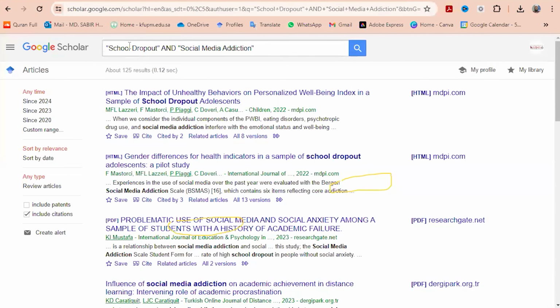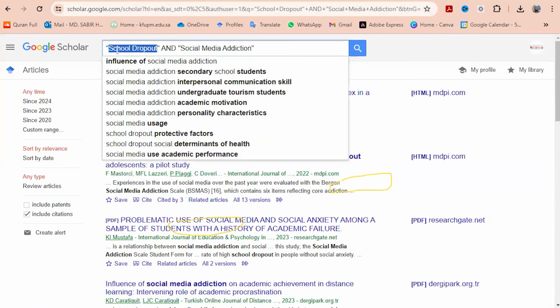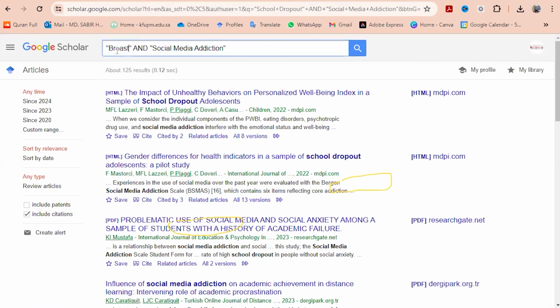Also, if I search for the topic selected by Mehdi Hassan, you have to use breast cancer, and it must have the word detection. But I am not using the word here, because sometimes they use the detection word later.